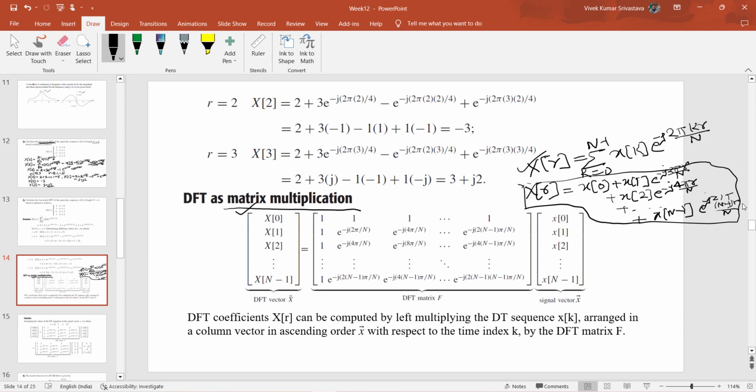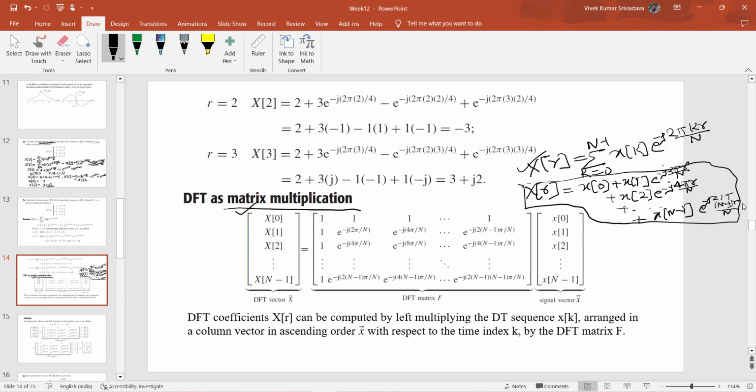Now to determine the matrix multiplication, we just have to plug the value of r into this expression. Once you plug the value of r as 0, you will get x of 0 plus x of 1, because here r is 0, so this exponential term will be equal to 1 for all the terms.